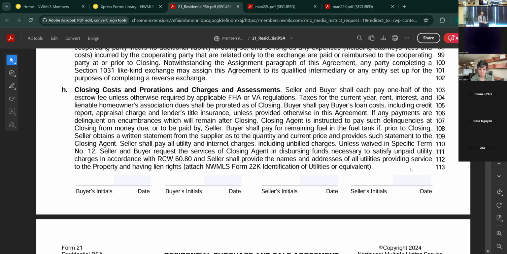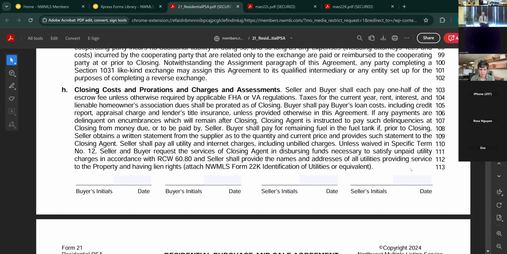Buyer shall pay for remaining fuel in the fuel tank if, prior to closing, seller obtains a written statement from the supplier as to the quantity and current price and provides such statement to the closing agent. Seller shall pay all utility and internet charges, including unbilled charges, unless waived in specific term number 12.